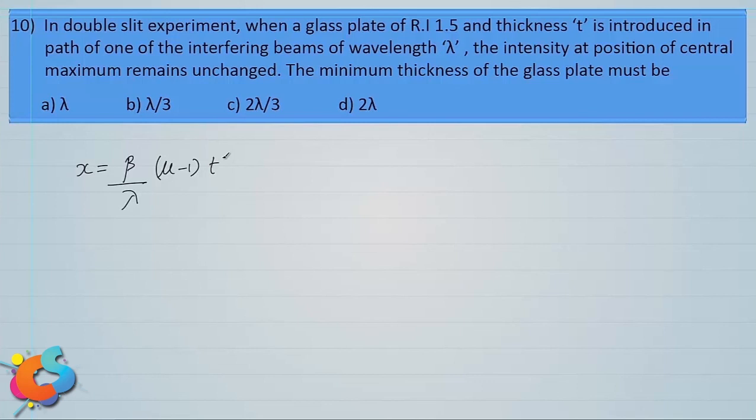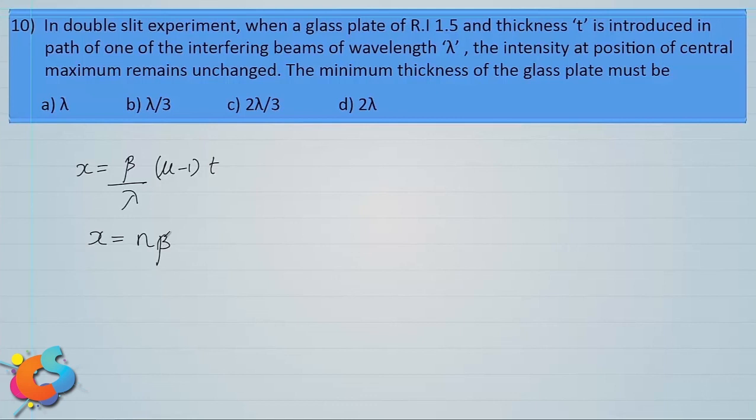In order to maintain the same intensity at the center of the screen, however, shift must take place. In order to support shift and also to maintain the same intensity, it is evident that the central bright fringe should be occupied by another bright fringe, such as the first bright fringe or the second bright fringe or the third bright fringe, and so on. Or in other words, the shift must be an integral multiple of fringe width.